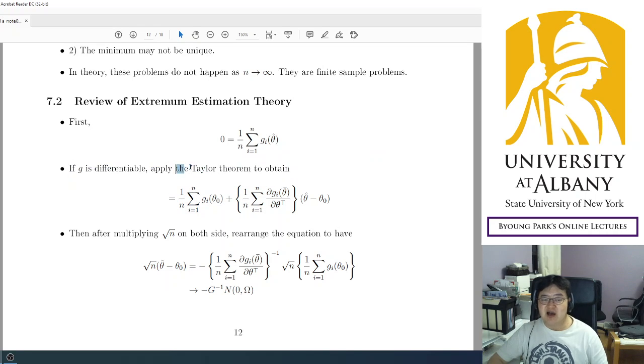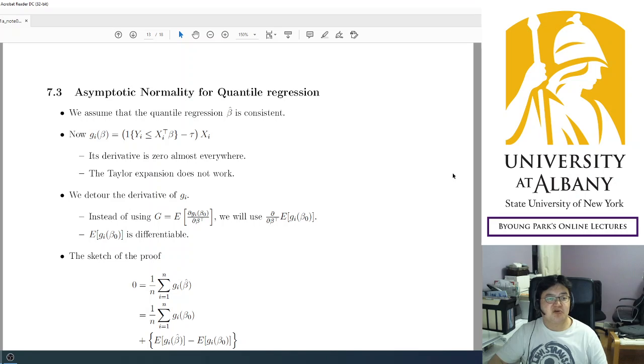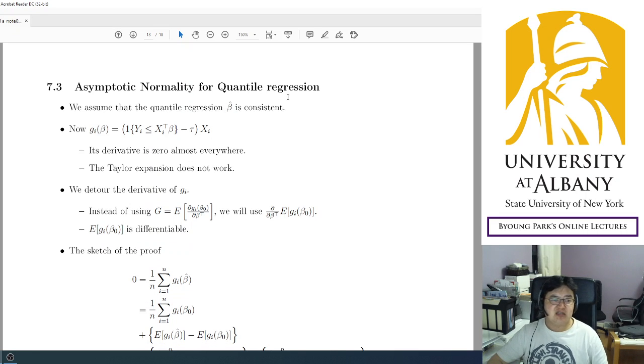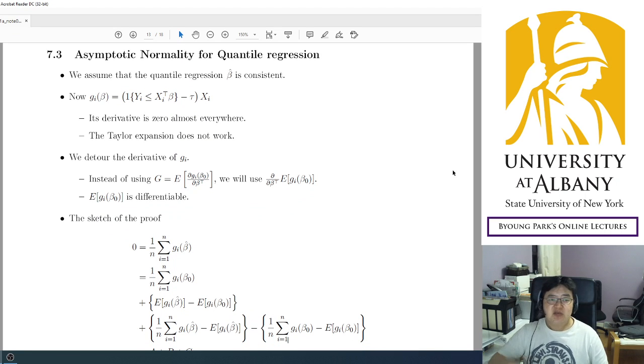This line, the Taylor theorem, does not work anymore. So we have to consider a different technique. This technique is more difficult and less standard because it is used only when the criterion function is not differentiable everywhere.